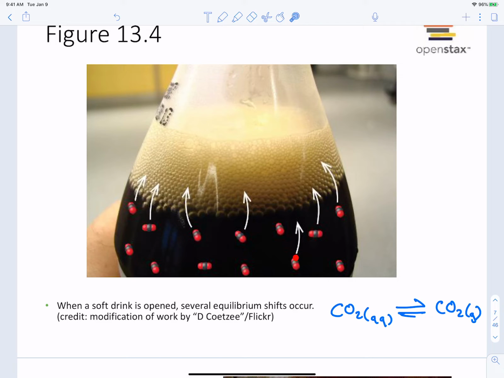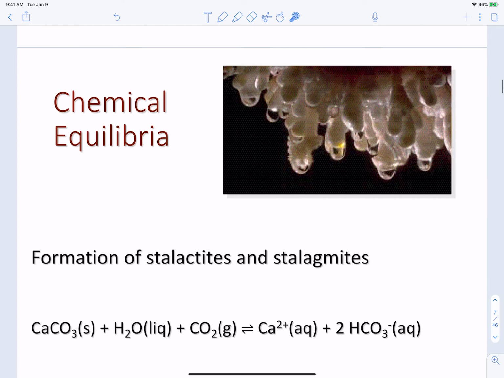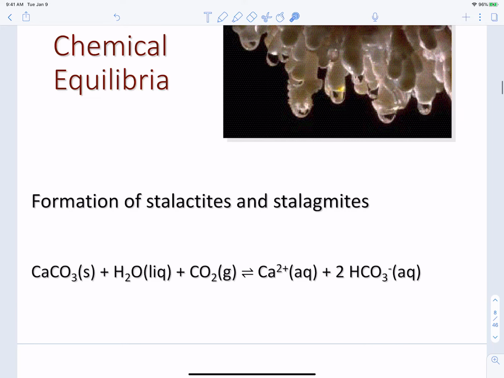So it goes from aqueous to gas. Here's the gas, and this reaction is reversible because if you put the lid back on, some of that CO2 would go back into solution, and that's how we make fizzy drinks anyway. And so we see chemical equilibrium in many different places.